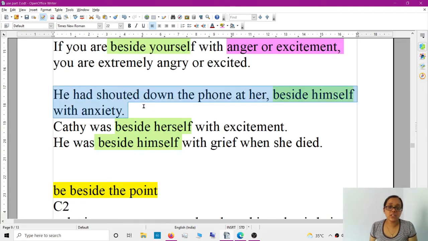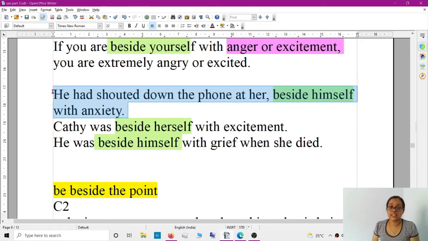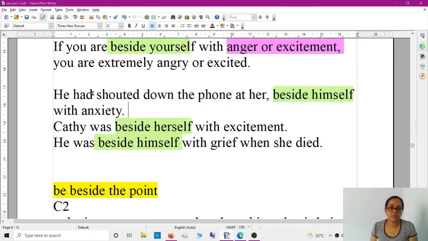He had shouted down the phone at her, beside himself with anger. Kathy was beside herself with excitement. He was beside himself with grief when she died.